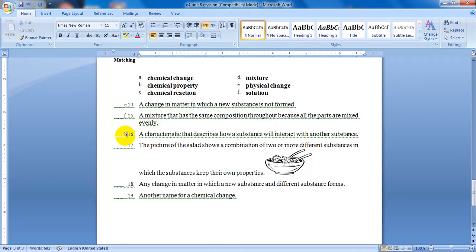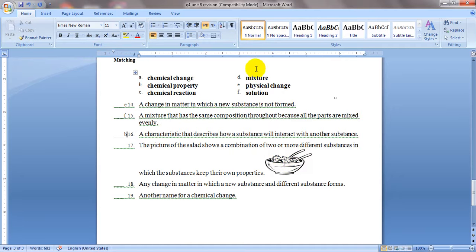Letter B. The next one, the picture of the salad shows a combination of 2 or more different substances in which the substances keep their own properties. So which word describes this sentence?